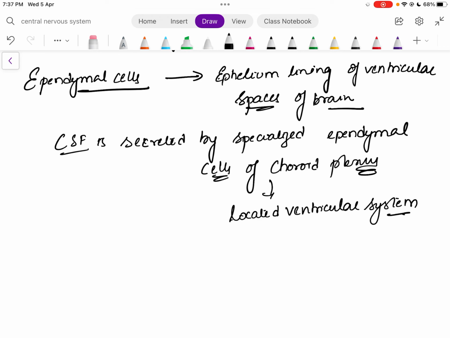So CSF is secreted from the specialized ependymal cells present in the choroid plexus. This is about axonal degeneration and glial cells.